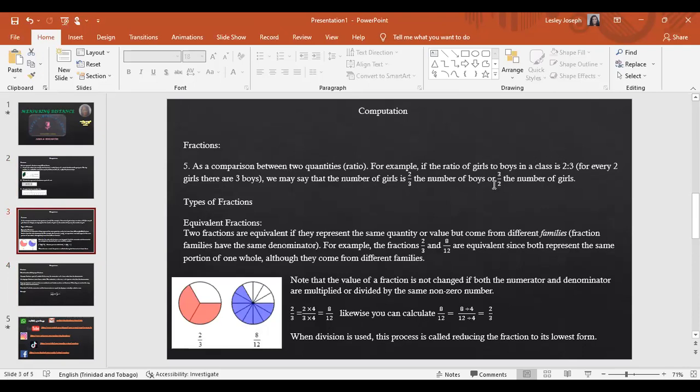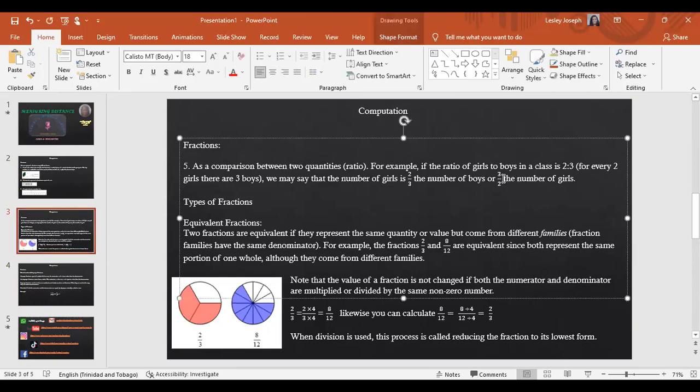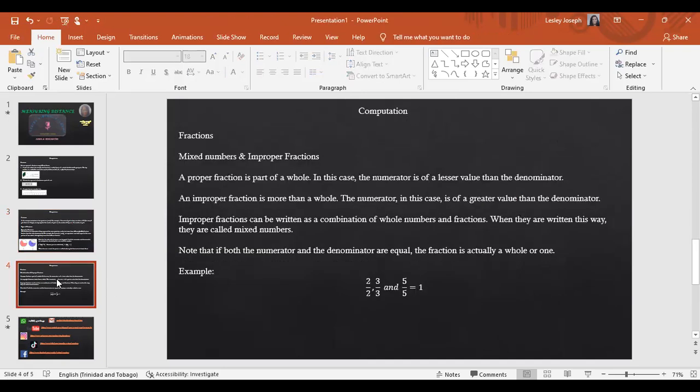When we represented the boys as 3/2 of the number of girls, this figure would be a perfect example of an improper fraction, because you have one whole and then a fraction of another whole combined. So basically, you can think of an improper fraction as having multiple wholes of something.